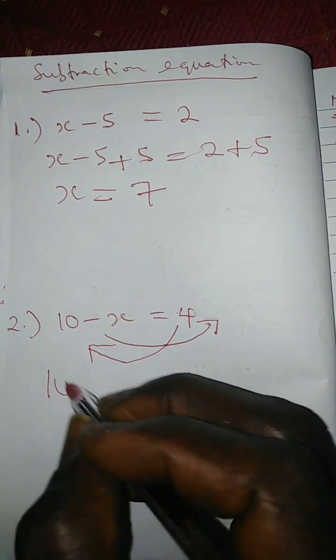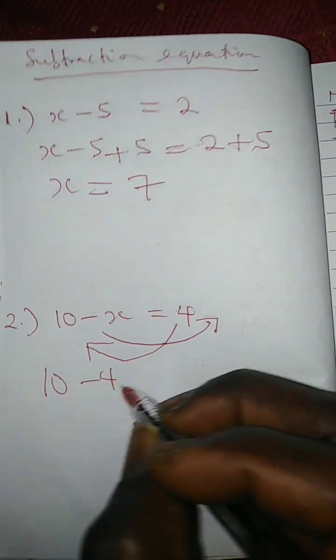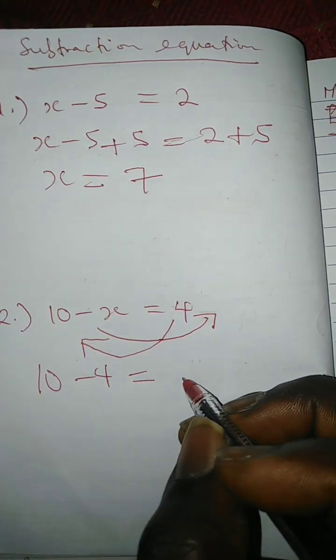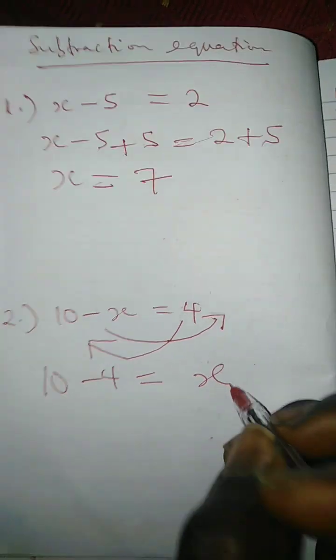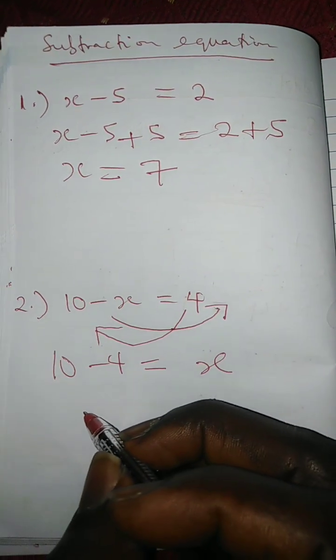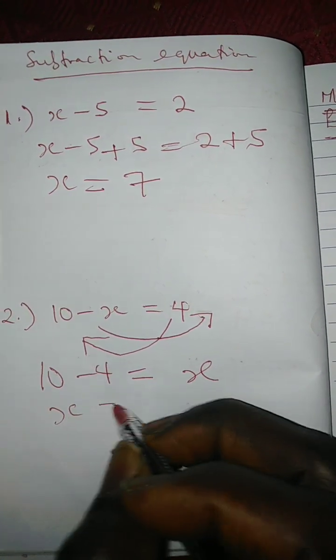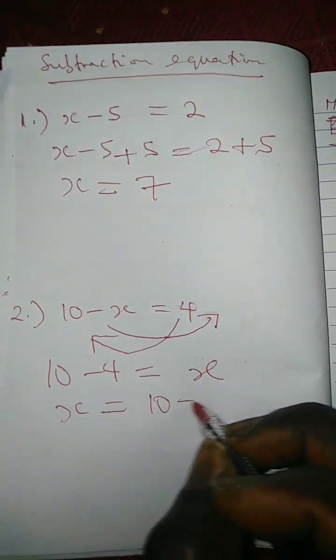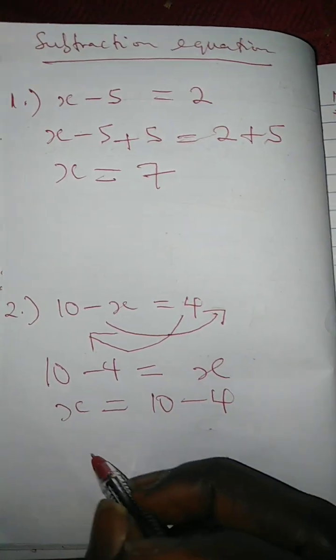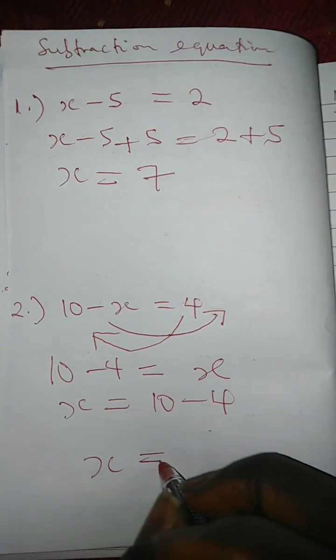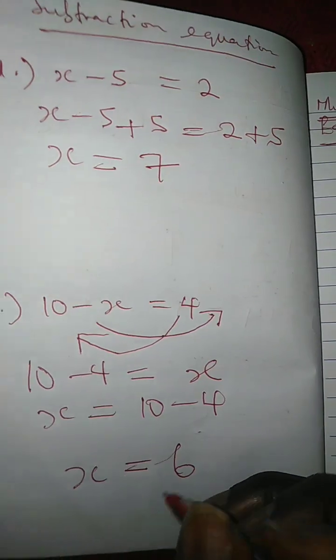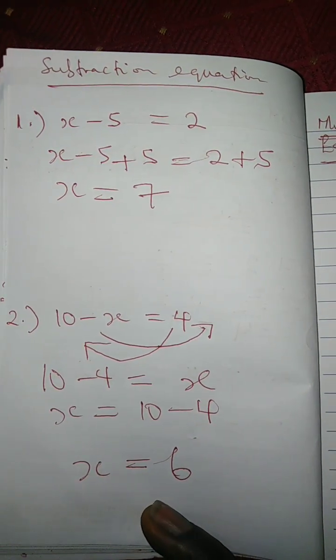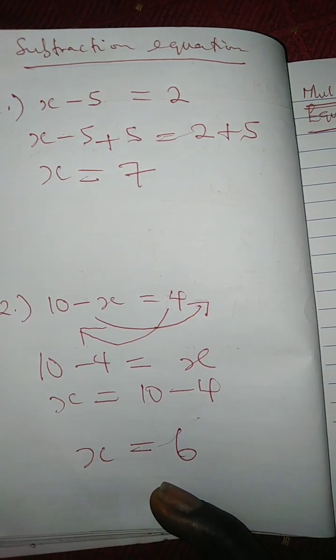So we'll have something like this: 10 minus 4 equals x on this other side. Then I will rearrange. X will be equal to 10 minus 4. The value of x will be 6. So this is a subtraction equation.